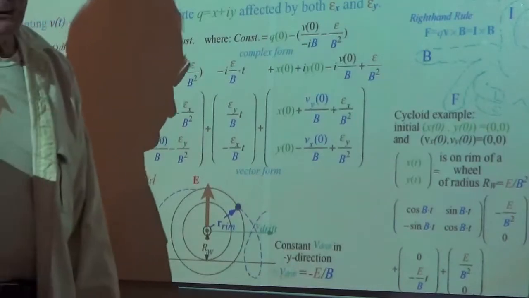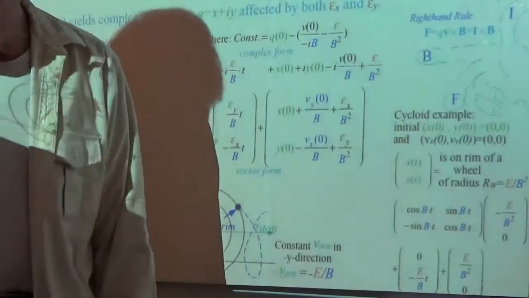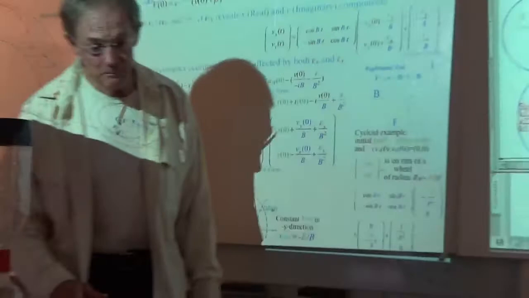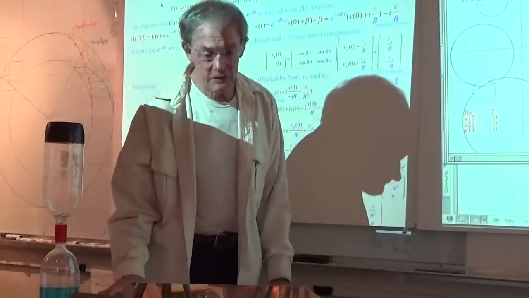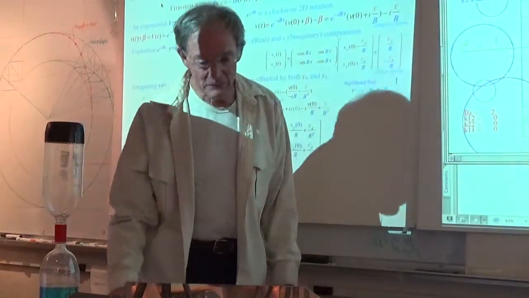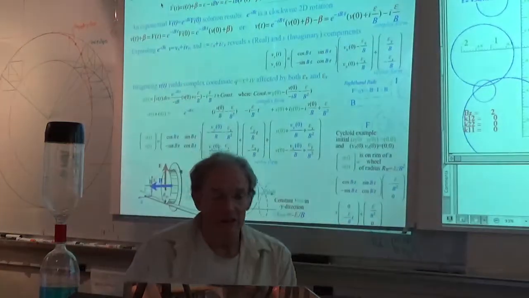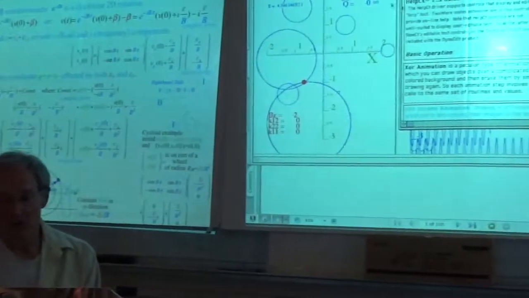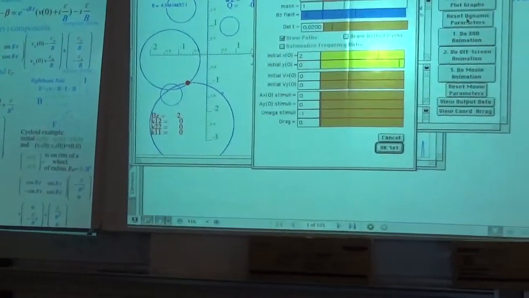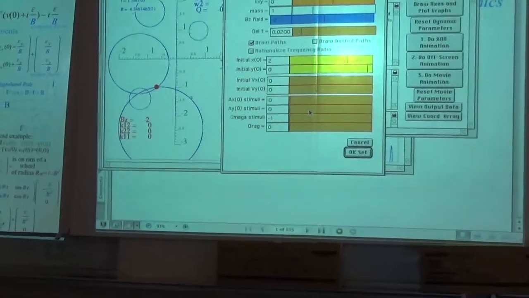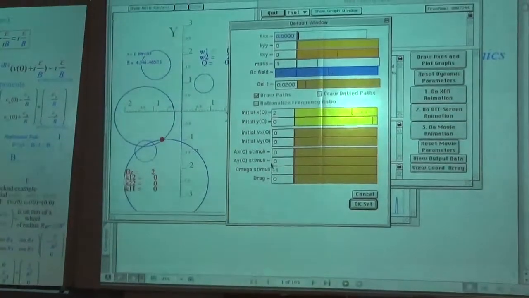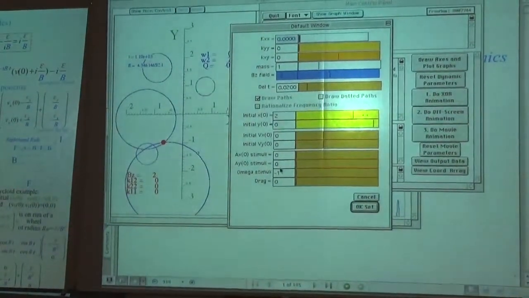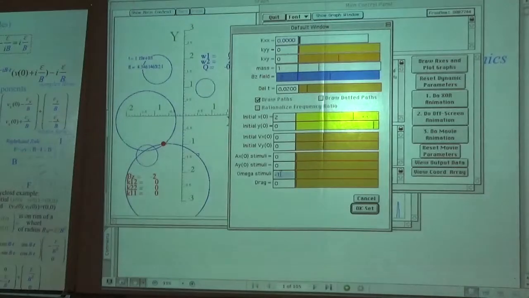So I'm going to set this one up to do that by putting in an electric field, it's like gravity. I'm going to imagine that I turn on gravity in this simulation here. So to do that, I'm going to put in a fairly healthy Y negative value.